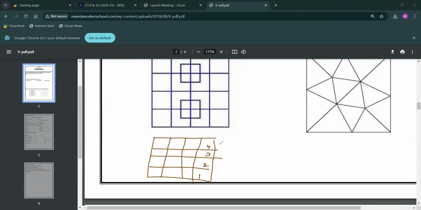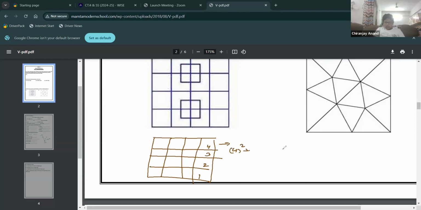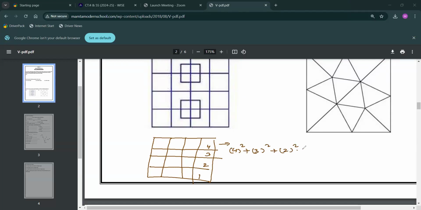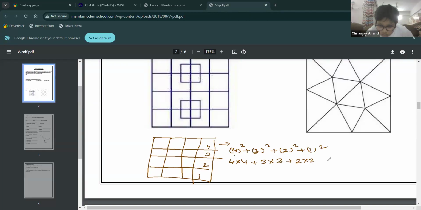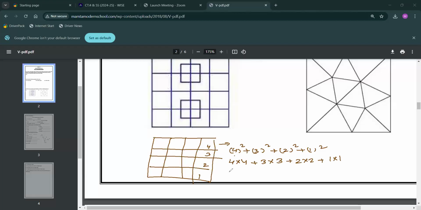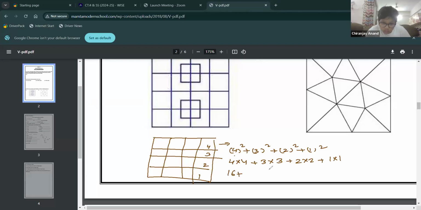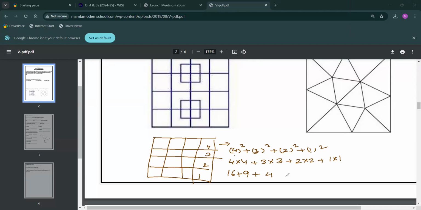Now write the square of 4 plus square of 3, square of 2 and square of 1. Square of 4 means you have to multiply 4 by itself. Square of 3 is multiply 3 by itself. Plus square of 2 is multiply 2 by itself. Plus 1 by 1. So it will be 4 4s are 16, 3 3s are 9, 2 2s are 4, plus 1.